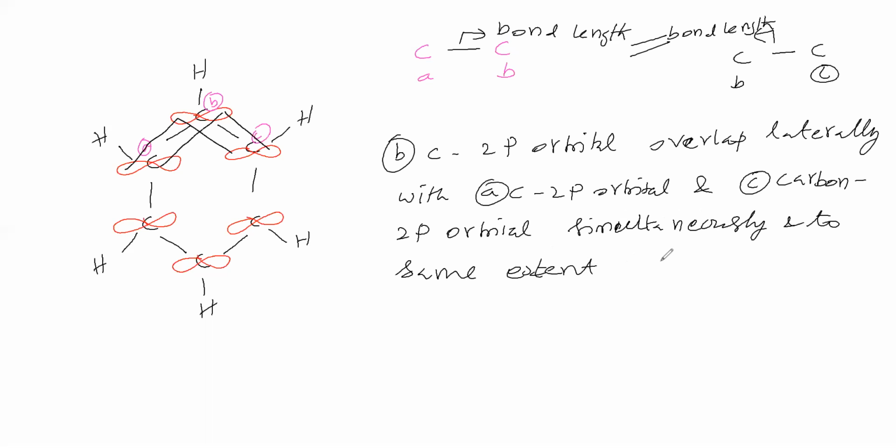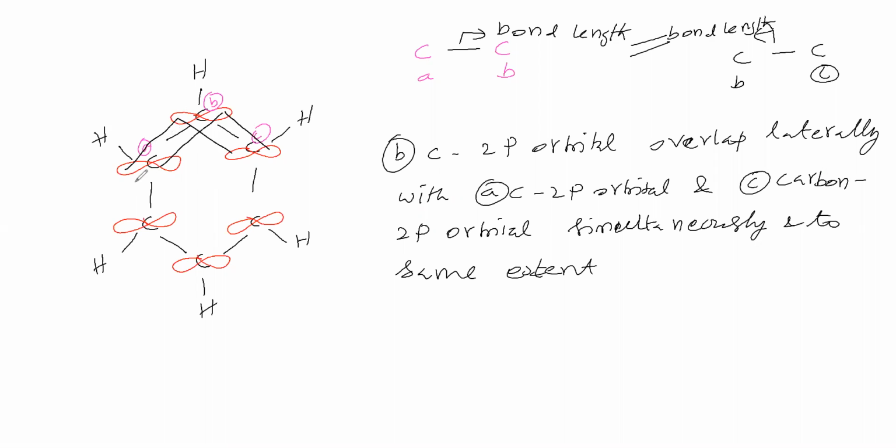Therefore, this 2p orbital is overlapping with this 2p orbital as well as this 2p orbital simultaneously, and also to the same extent of lateral overlapping. Therefore, to whatever extent a pi bond is formed here, to that extent the pi bond is formed.